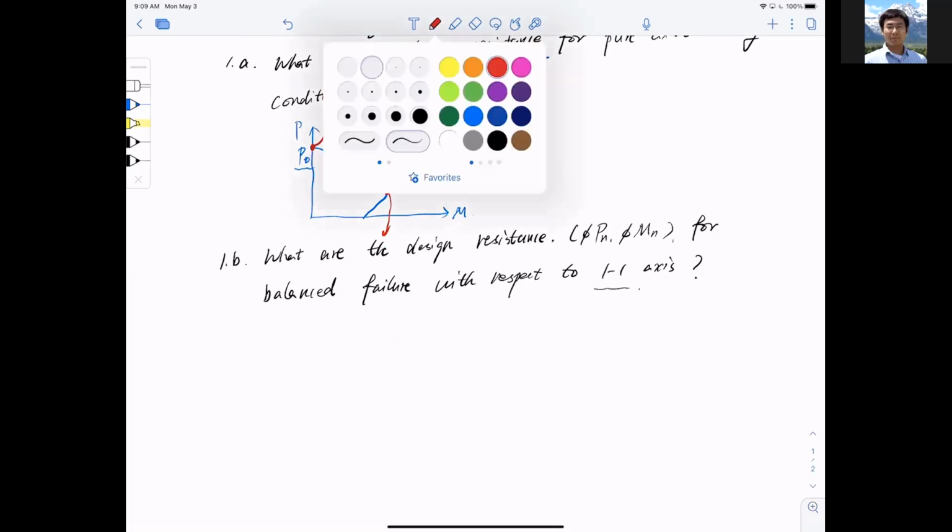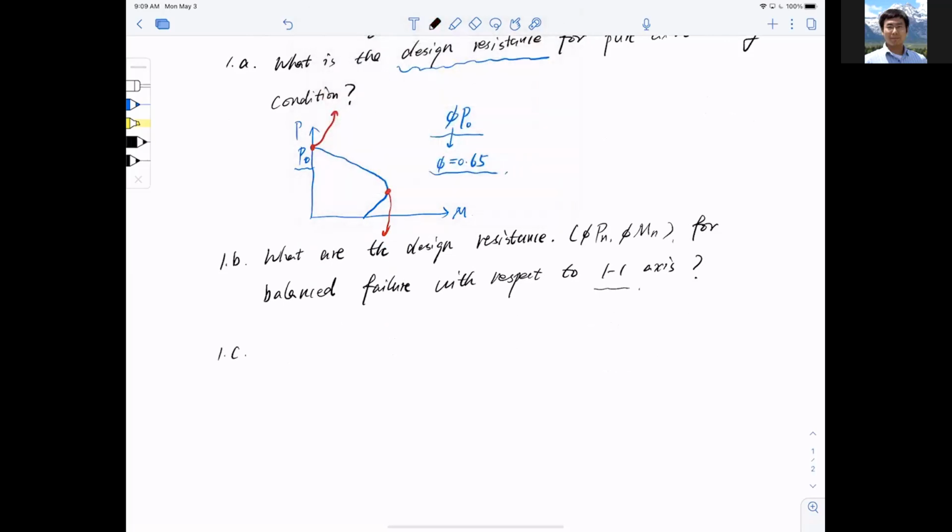Now 1C, same thing. Phi Mn, phi Pn, same thing for what condition?